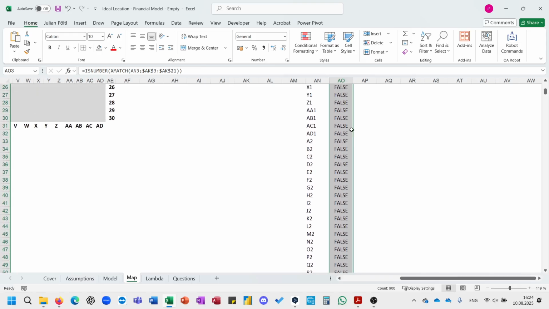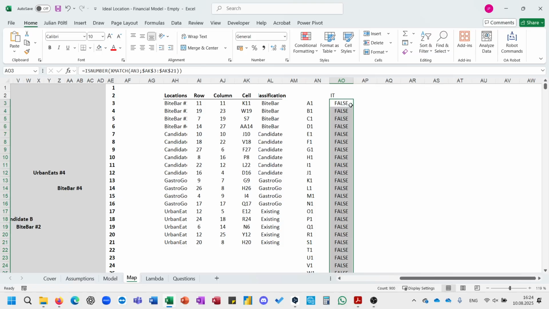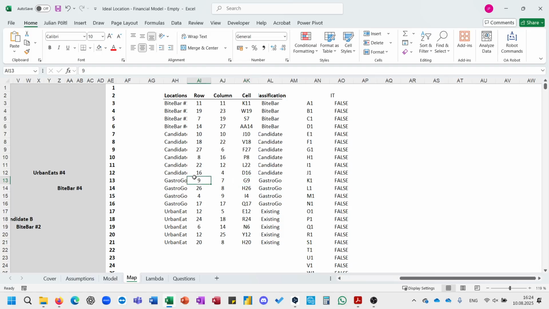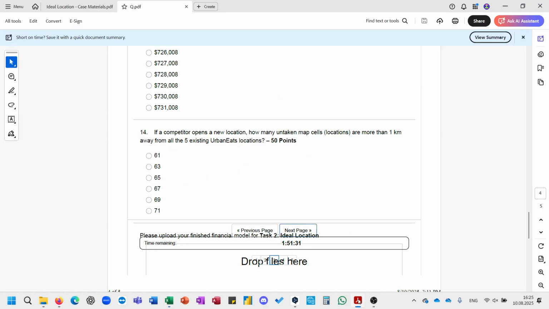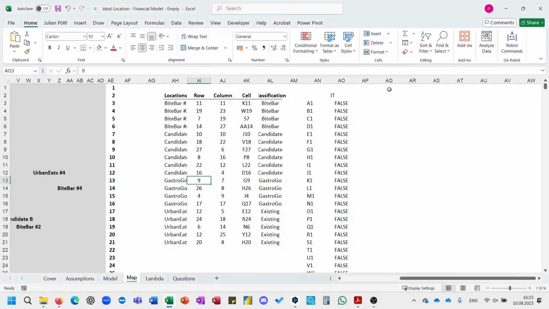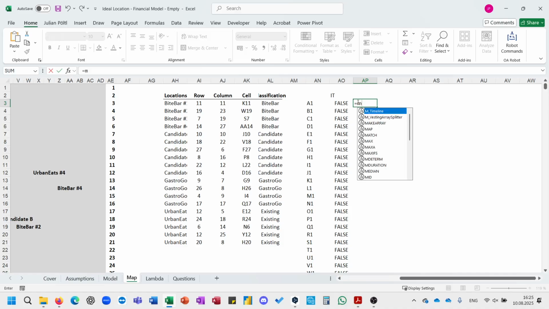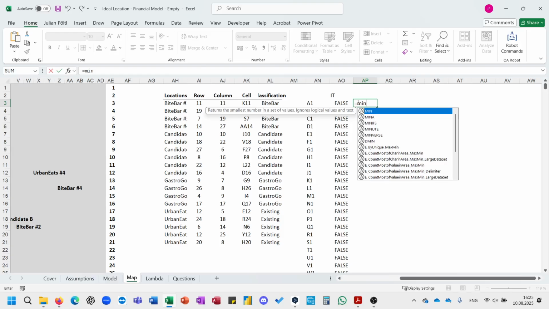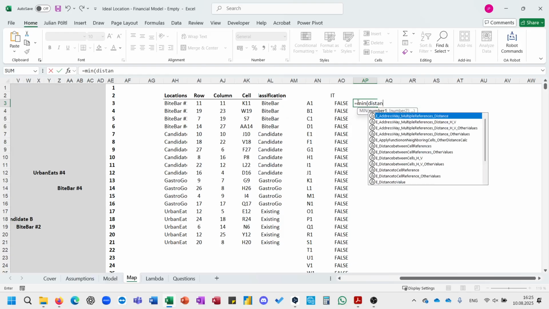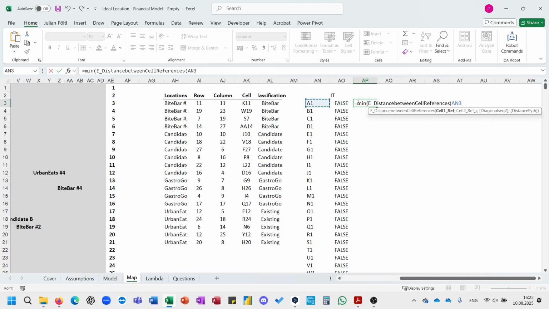And then I want to figure out how far they're away from the existing locations. So it's basically a MIN of distance between cell references. And here we take the candidate locations, divided by 10.